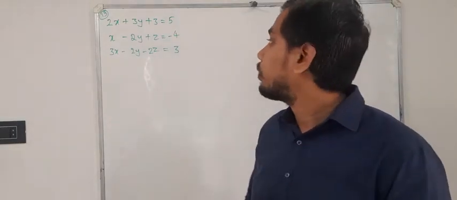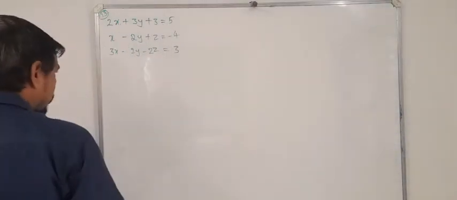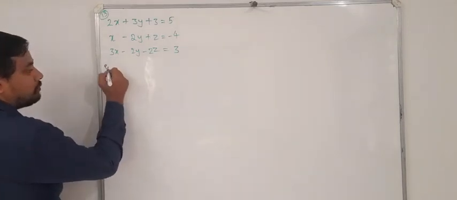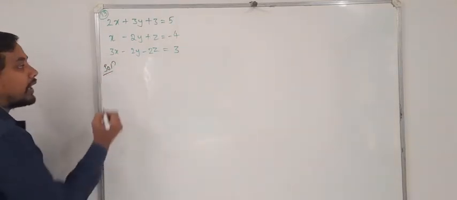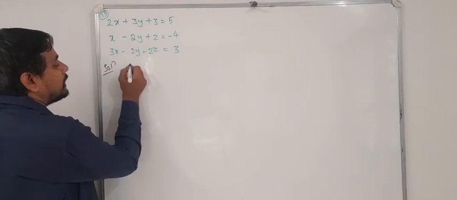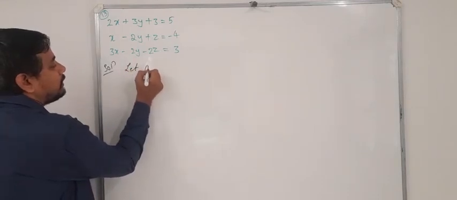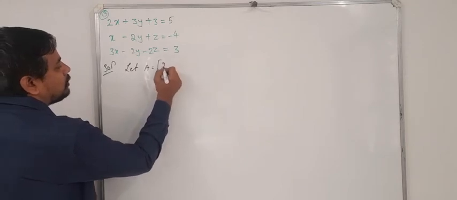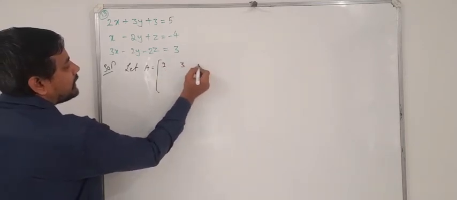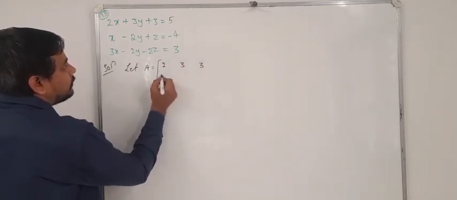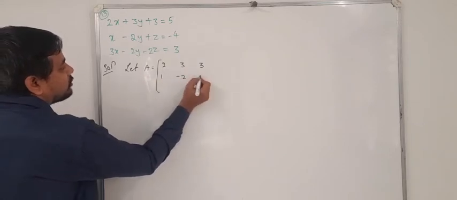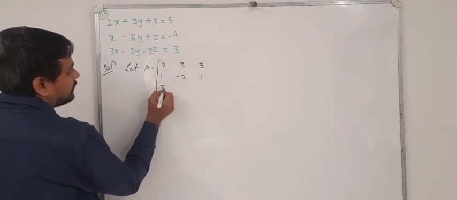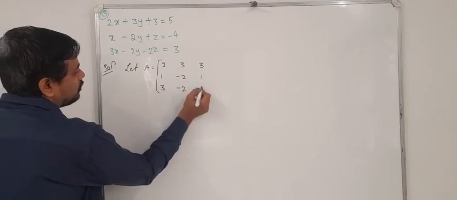So what we should do here, as usual, let A be equal to 2, 3, 3, 1, minus 2, 1, 3, minus 2, minus 2.